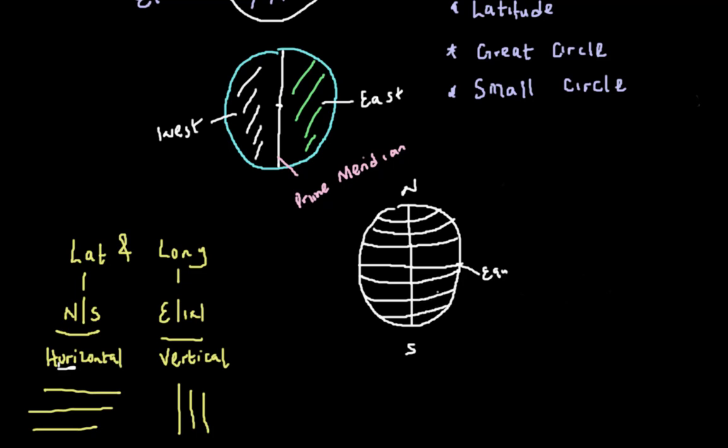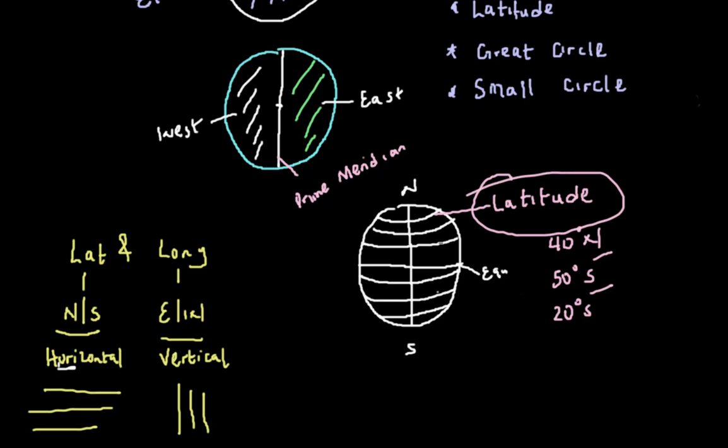Does this make sense? So these are lines of latitude. So anytime you see 40 degrees north, or 50 degrees south, or 20 degrees south, as long as it's north or south, just know that they are what? Lines of latitude. I hope you understand.